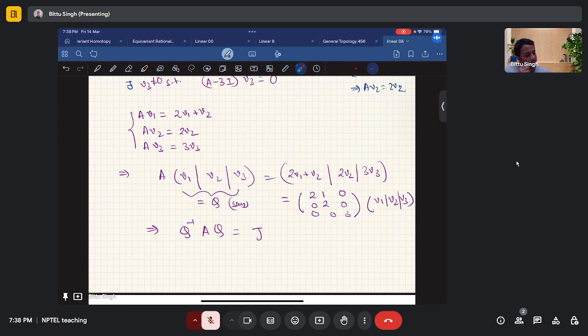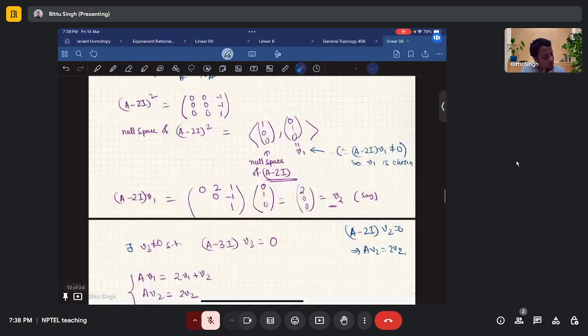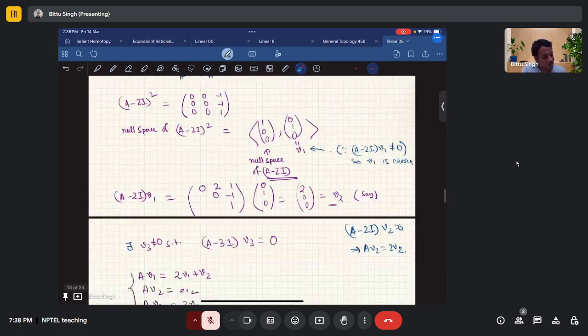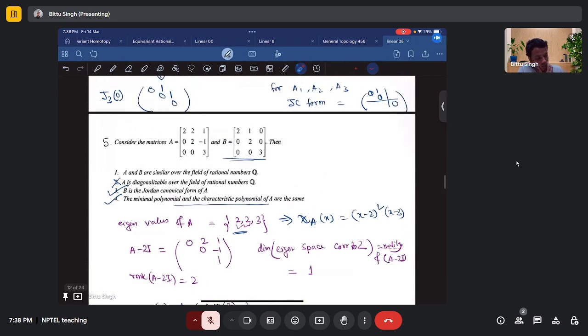So this will be again rational. And we also note that v1, v2, v3, those are actually rational. For example, v2 is this, and v1 is this. Another v3, if we just calculate, v3 is also rational. Therefore, it is actually true that A and B are similar.